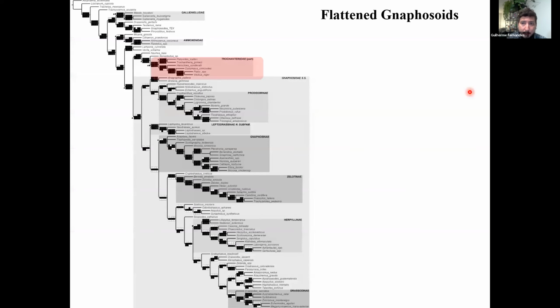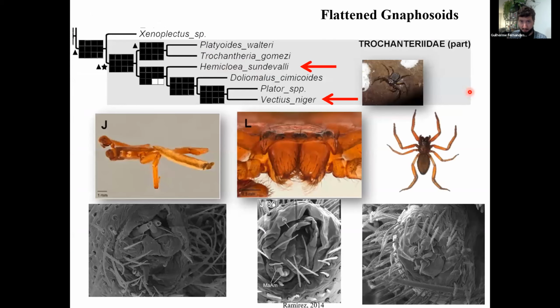We can see first that those flattened gnaphosids are grouped together with another family. You can see here Vectus and Chloe, a really well supported clade. If you look closer at the spinnerets, they are not as huge as we see in the gnaphosids, but still different in general.